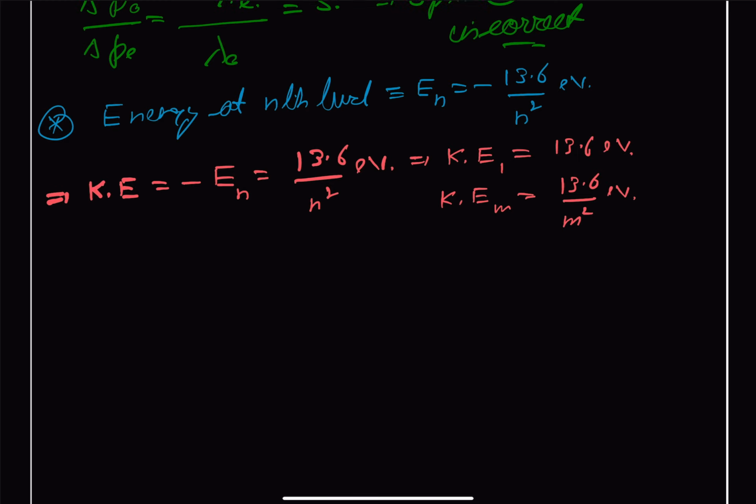And we can find out the ratio. So the ratio of kinetic energy for m to kinetic energy for the first is equal to 13.6 upon m square over 13.6. This cancels out, so we get this is equal to 1 upon m square.